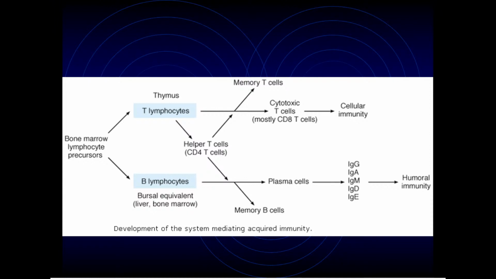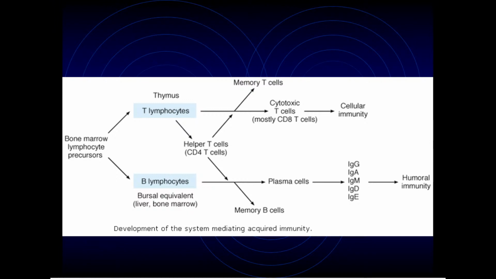So the B lymphocytes are involved in humoral immunity, protection by antibodies, and are the major defense against bacteria. Their precursors mature in the bone marrow and then differentiate into memory B cells, which are responsible for an accelerated response to a second exposure to the same antigen.